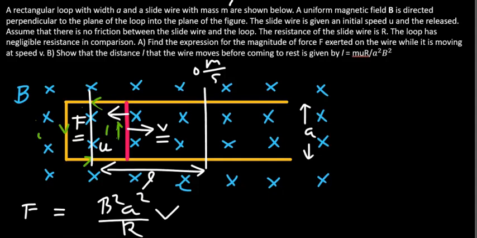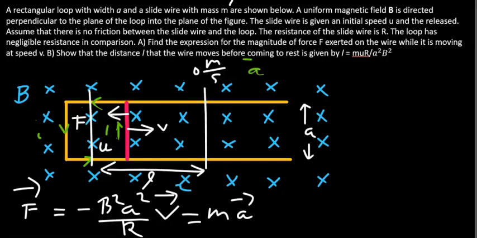In vector language, since F is opposite to that of V, we can put a negative sign here and write it like that. From Newton's second law, F is m times a. So you see acceleration, which is also moving to the left, can be written as minus B squared A squared over R times m times the velocity.